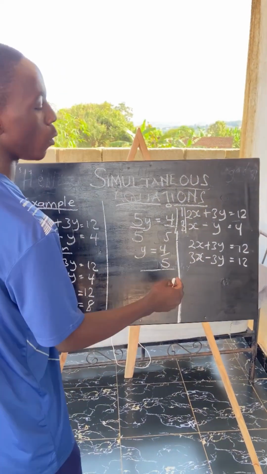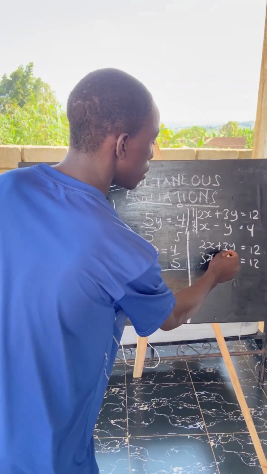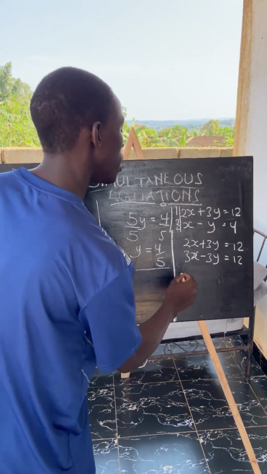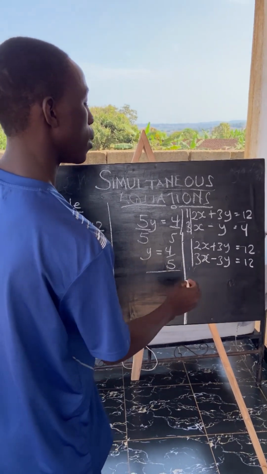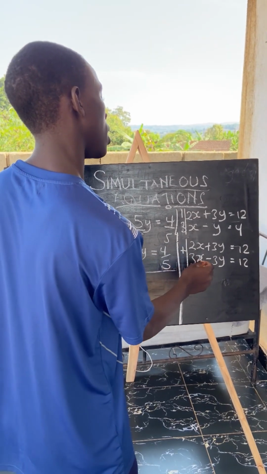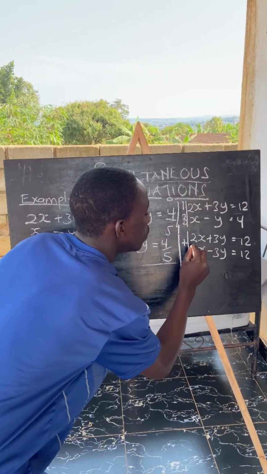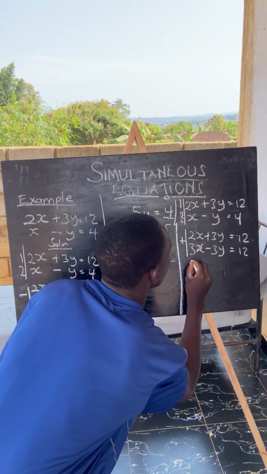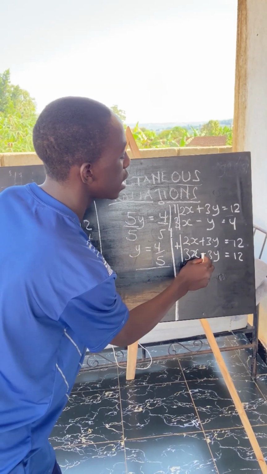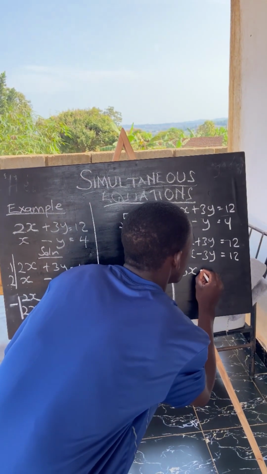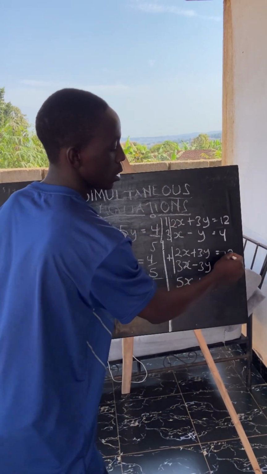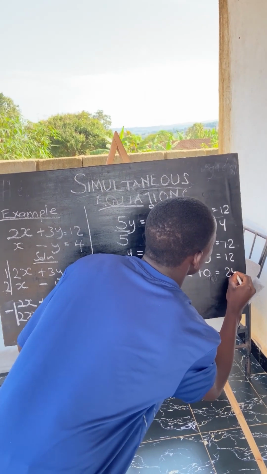So as we've obtained this, we are going to eliminate y. So we are using a sign that will eliminate y completely. So there we'll be using positive. We are getting something that has to be unlike. So here it will be 2x plus 3x, which is 5x. Then 3y plus minus 3y will be a 0, equaling to 12 plus 12, which is 24.